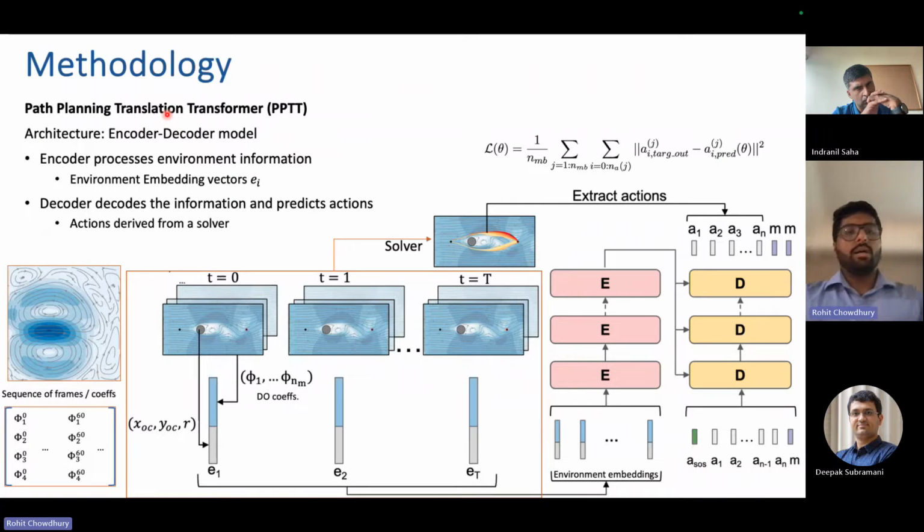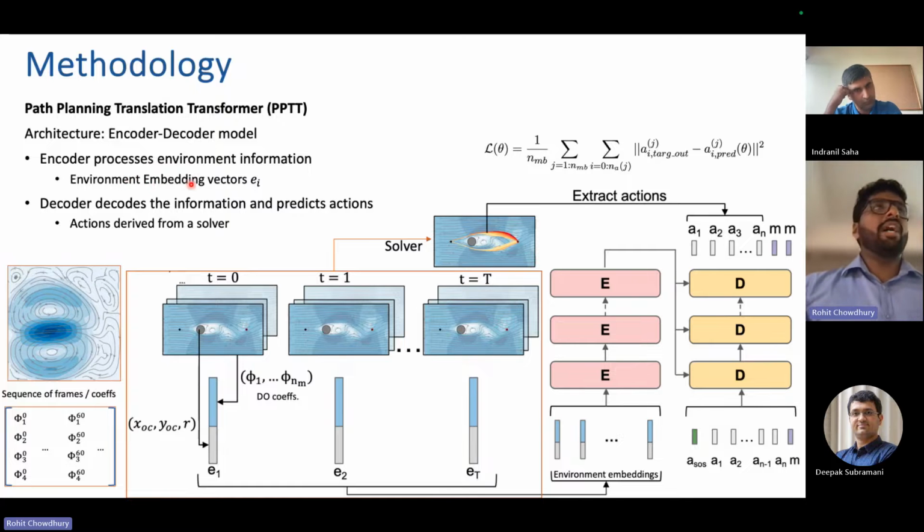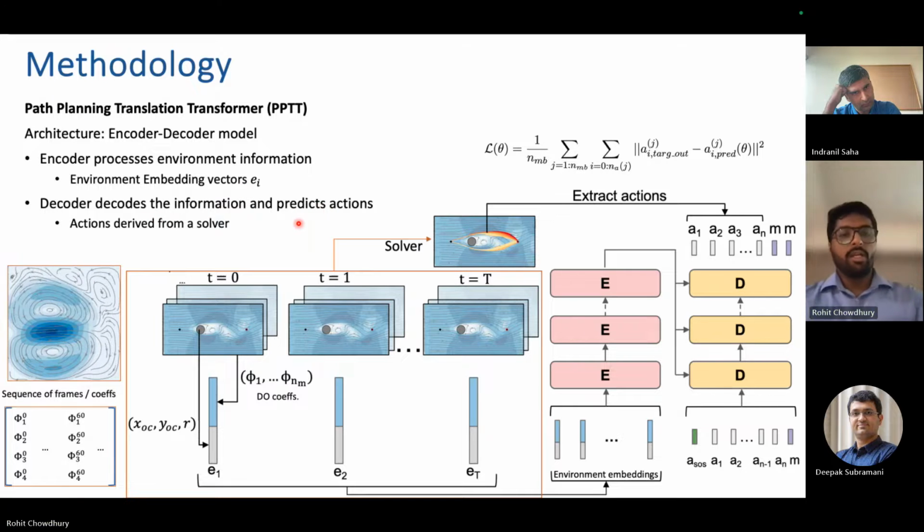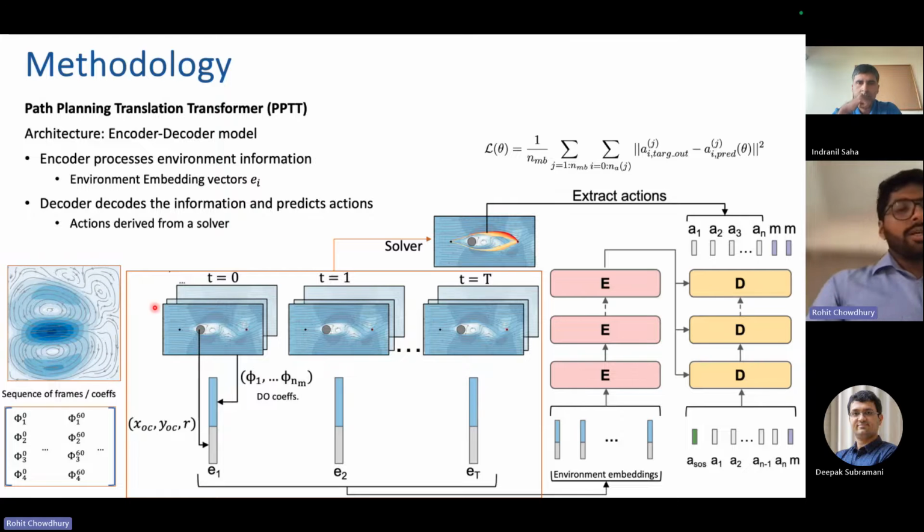We develop a path planning translation transformer, which is essentially an encoder decoder kind of model. So the encoder would process this environment information, and that environment information is present in the form of environment embeddings, and I'll talk about what these are. And then the decoder would decode that information and predict optimal action sequences. So this is how the overall flow works in this case.